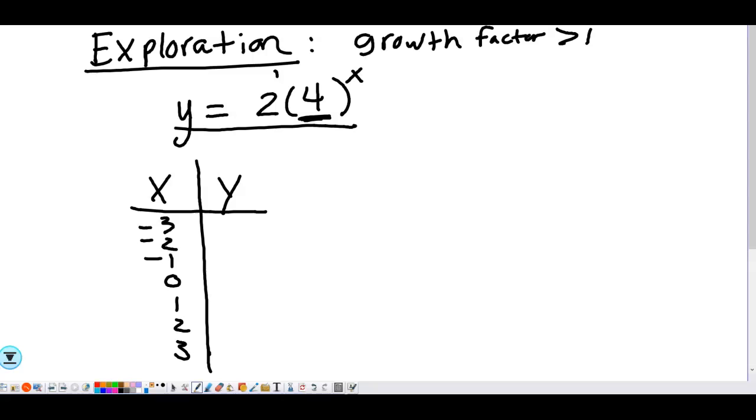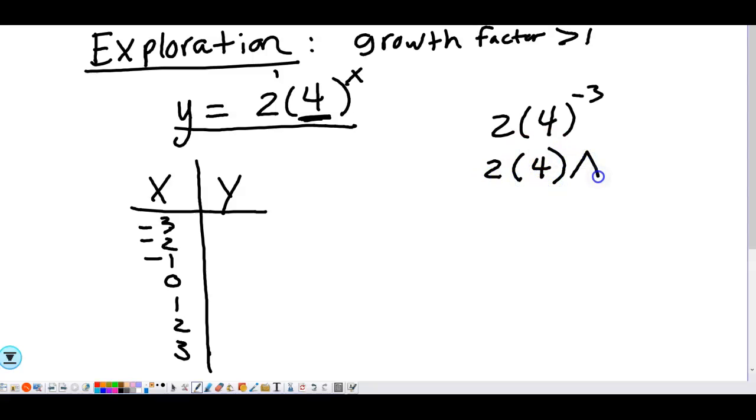So first of all, to find this one, we're going to plug in -3 for the x, okay? Now, I'm going to write this down. You don't need to write it down necessarily on your paper, but I am going to tell you what I want you to type. So I'm going to plug in -3 to my exponential function. Here's what you'd type on your calculator: you're going to push 2, parentheses, 4, parentheses.